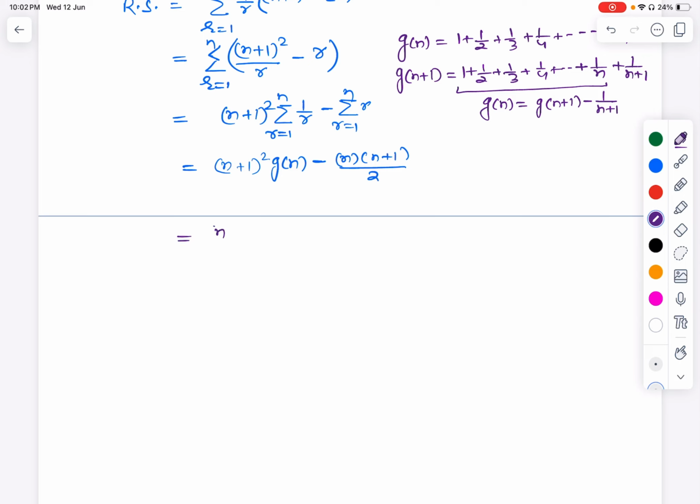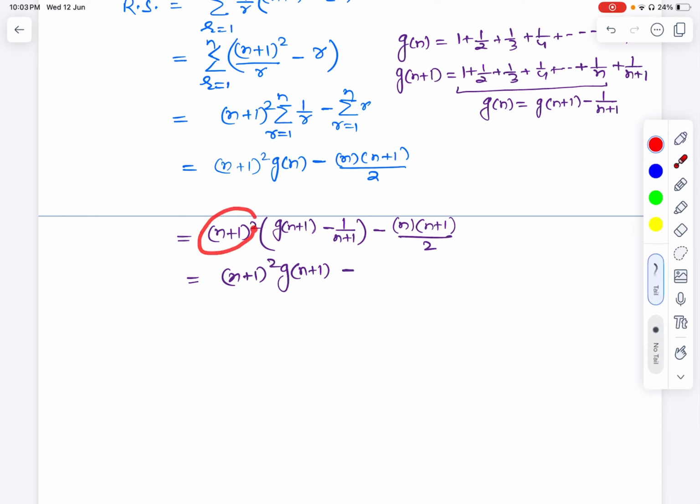So we are getting (n plus 1) whole square, g of n we are replacing with g of n plus 1 minus 1 by n plus 1, minus n into (n plus 1) by 2. So this we can write (n plus 1) whole square g of n plus 1 minus (n plus 1) whole square multiplied with 1 by n plus 1, minus n into (n plus 1) by 2.